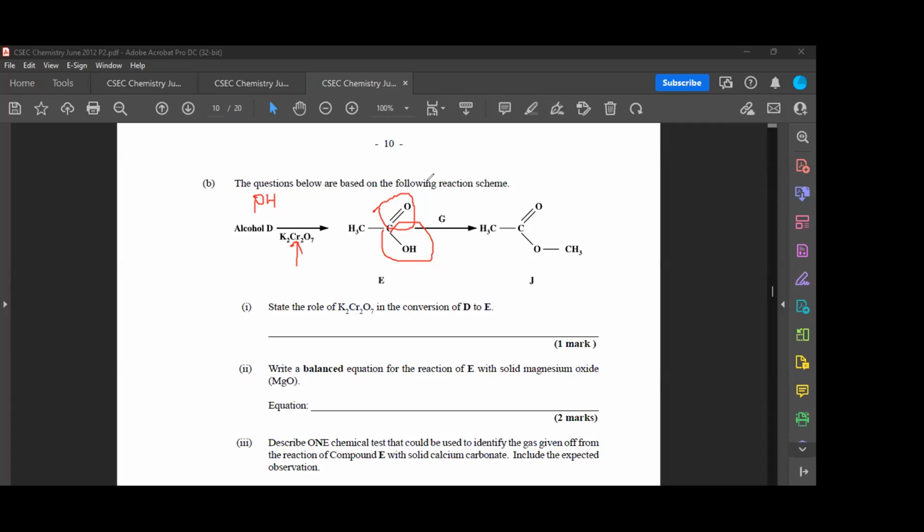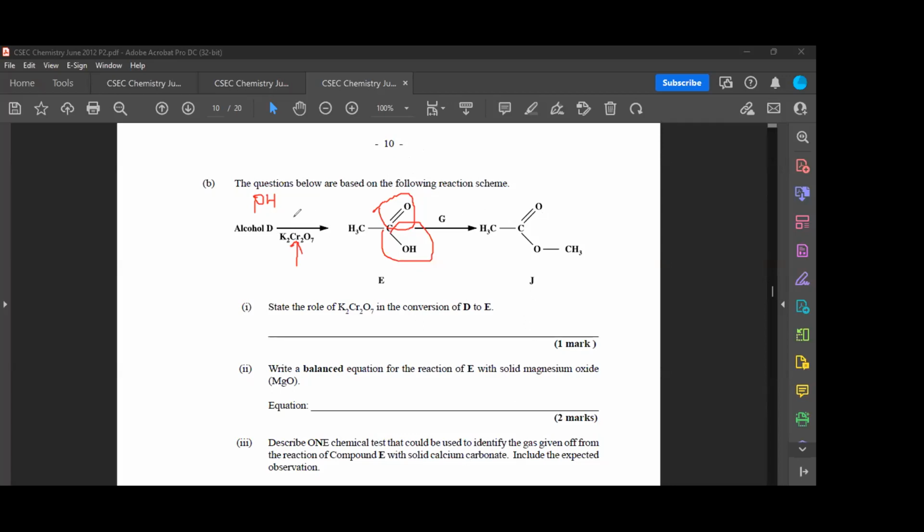The purpose of the dichromate, if you look at it, it has many O's. O's, they are very significant. This alcohol B that you're looking at, the functional group is OH. So whenever you move from alcohol to a carboxylic acid, you have to undergo the process of oxidation.